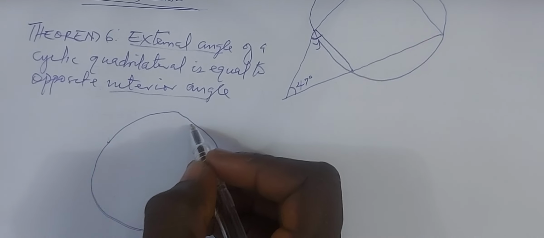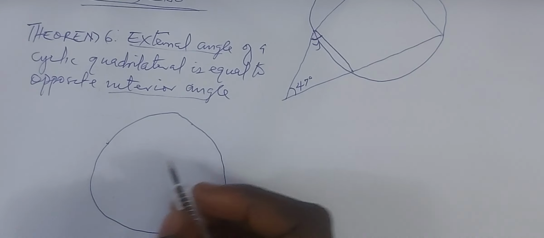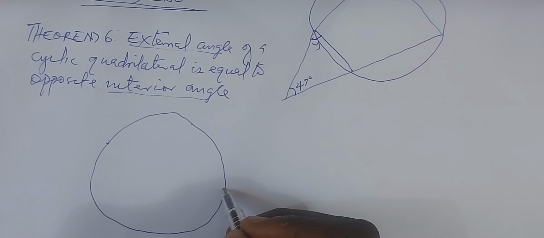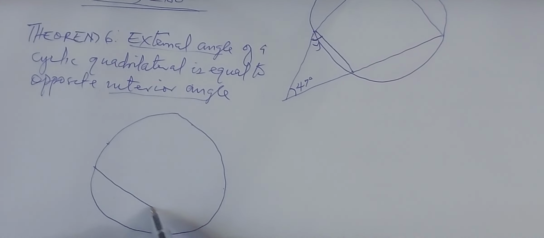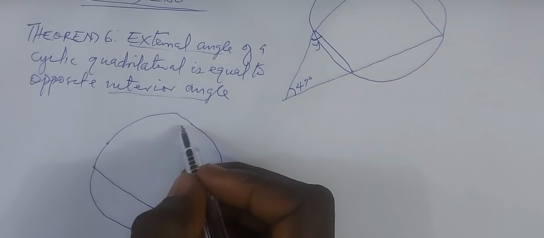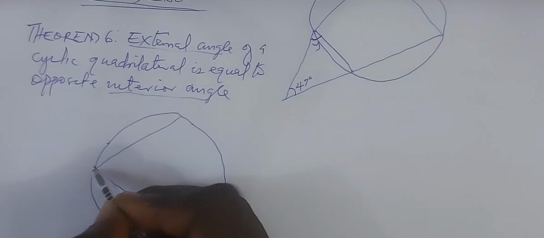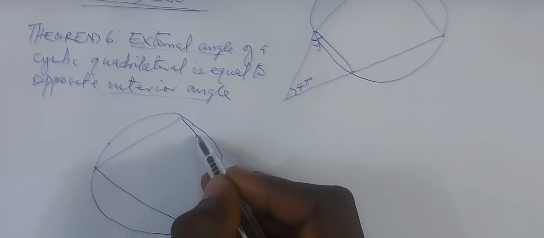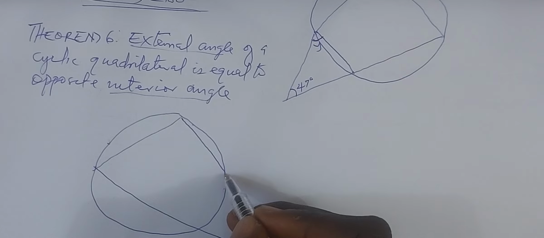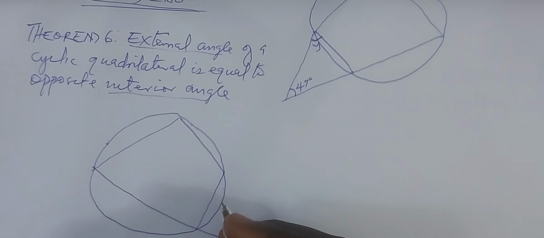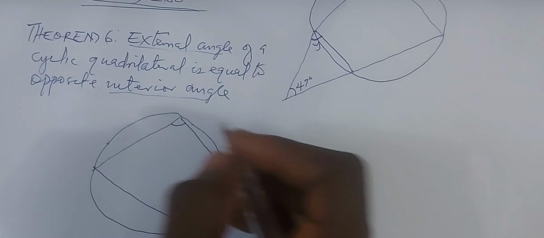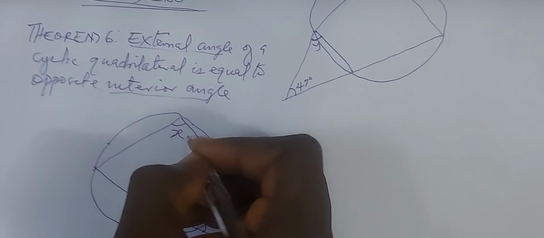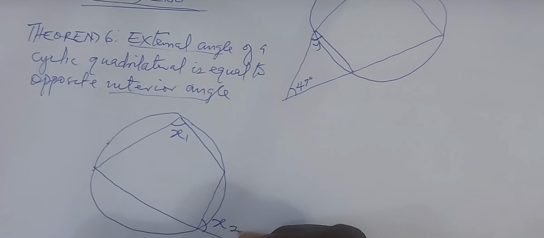Let's have a cyclic quadrilateral. Let me have it this way. And we have something like this. You have your angle to be here, which is x1, is equal to x2.